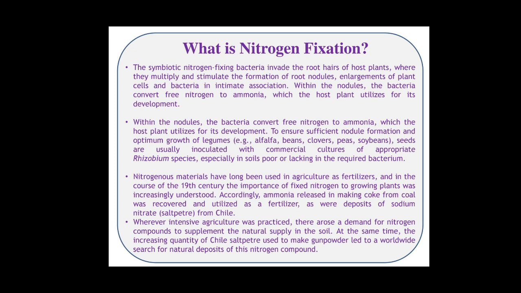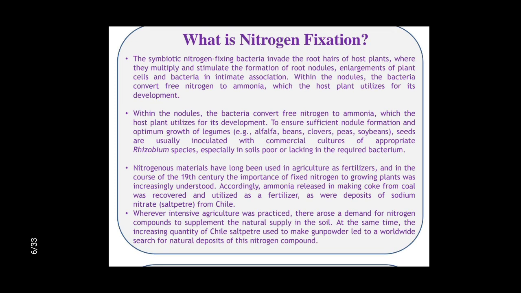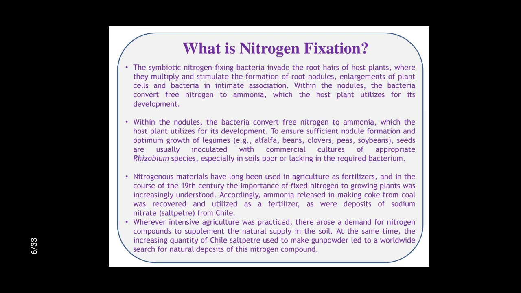Nitrogenous materials have long been used in agriculture as fertilizers, and in the course of the 19th century, the importance of fixed nitrogen to growing plants was increasingly understood. Accordingly, ammonia released in making coke from coal was recovered and utilized as a fertilizer, as were deposits of sodium nitrate from Chile.